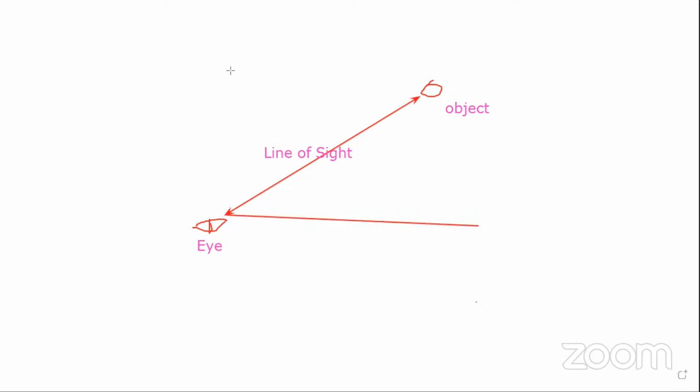Whatever angle I am making here, we can call this angle the angle of elevation. Correct.